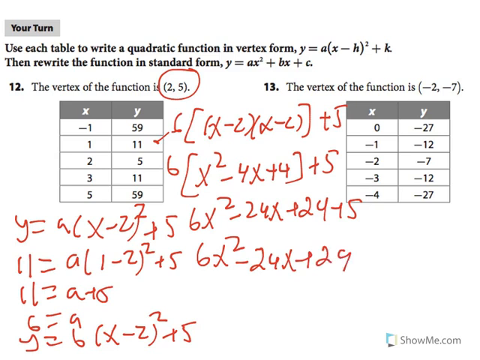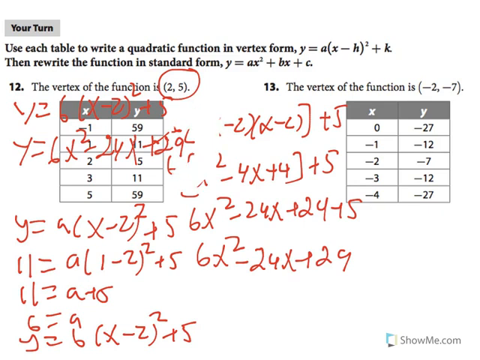Right? Okay, so let me write the vertex form is 6 times x minus 2 squared plus 5, and the standard form is y equals 6x squared minus 24x plus 29. Okay? So I'm going to need room for the other side, so I'm going to erase all of this.